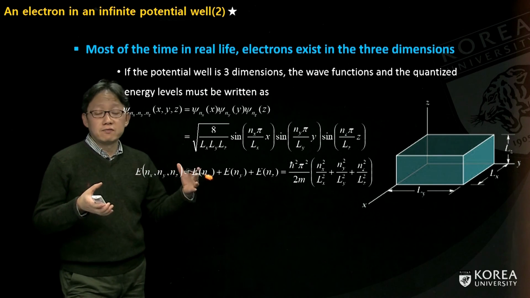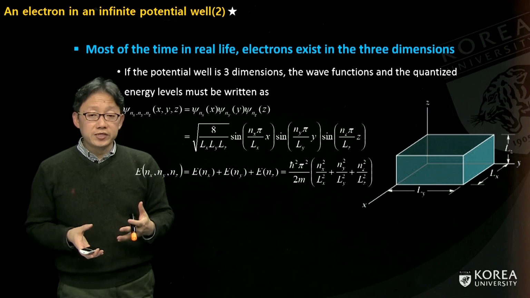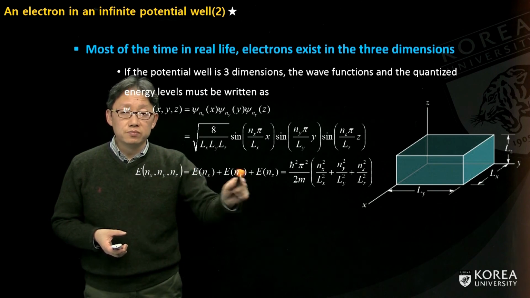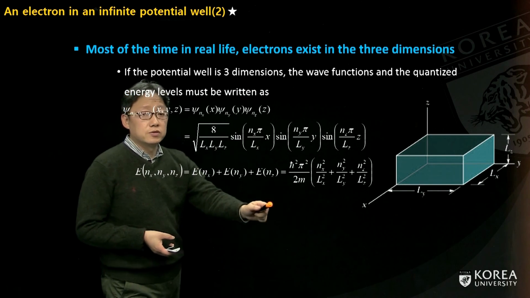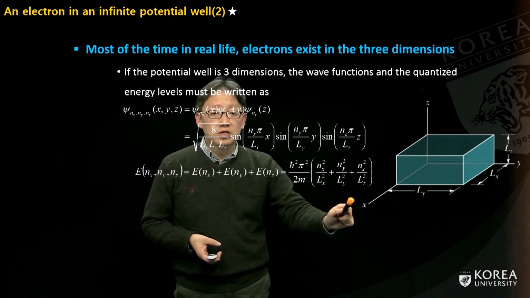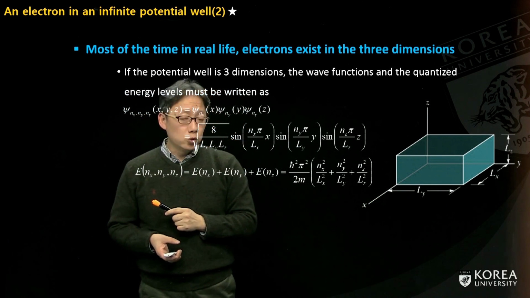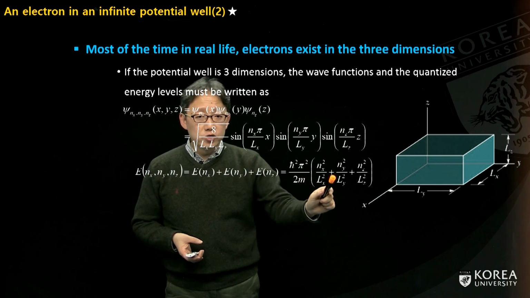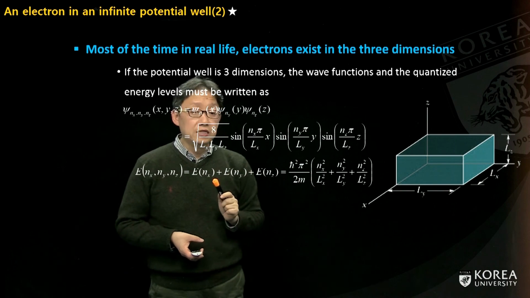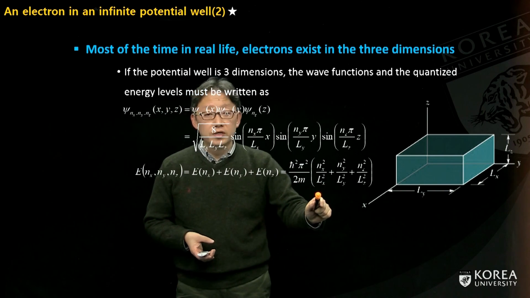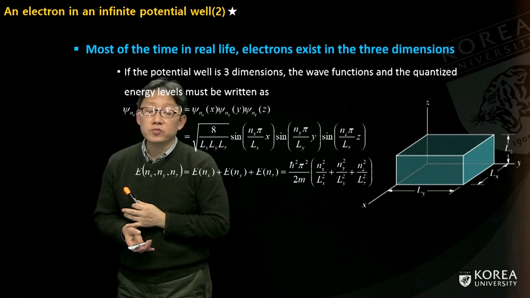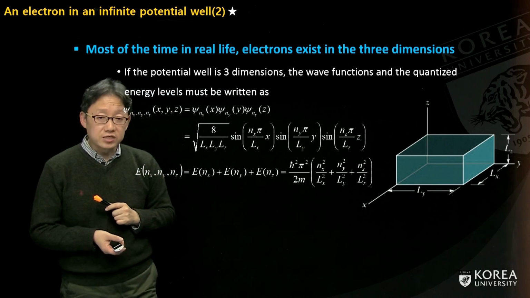So if you have energy along three different directions, the total energy will be simply a summation of these three numbers. So finally, this will be the total energy that you are getting. This is what you have seen in the previous slide in the one-dimensional case, but here in three dimensions, you have a summation of the same terms along three different directions.